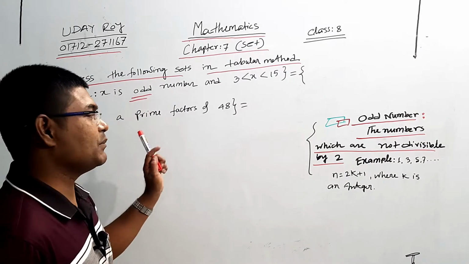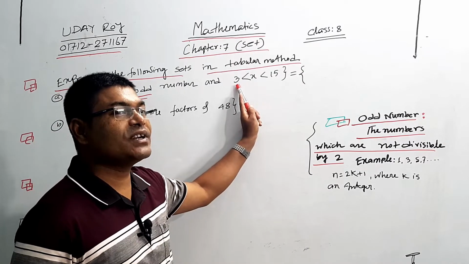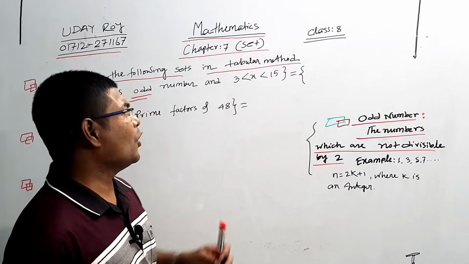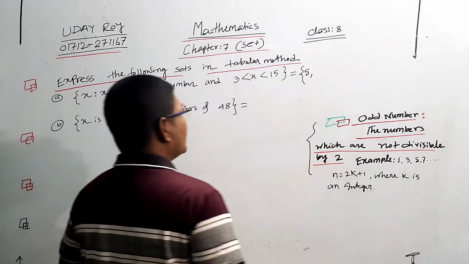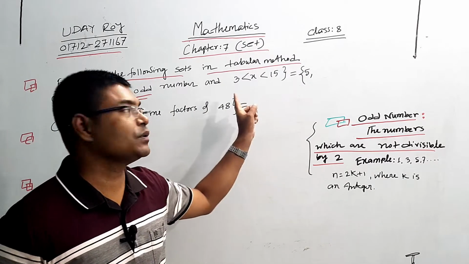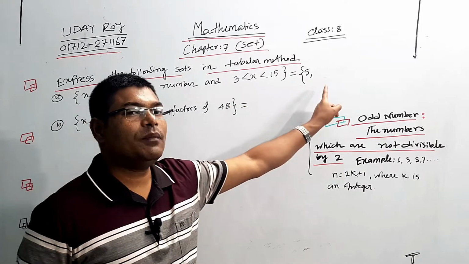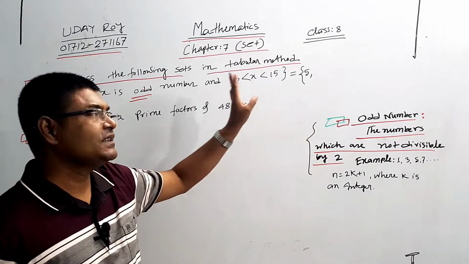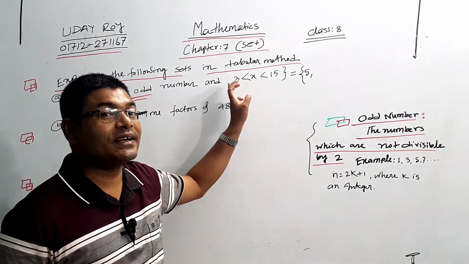Greater than 3, the odd number will be 5. Therefore the odd numbers will start from 5, because according to the condition 3 is less than x, so we cannot take 3.